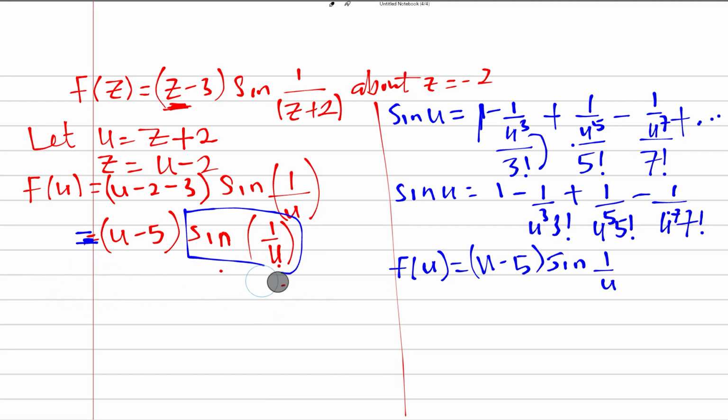Alright, so from here now, let me clean this line also, and let's use green now.